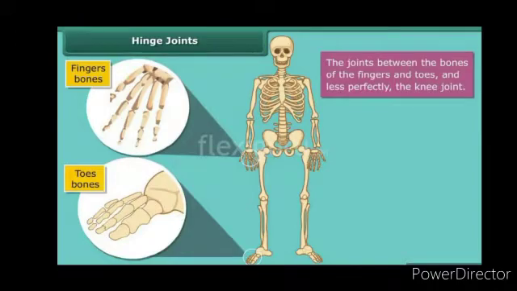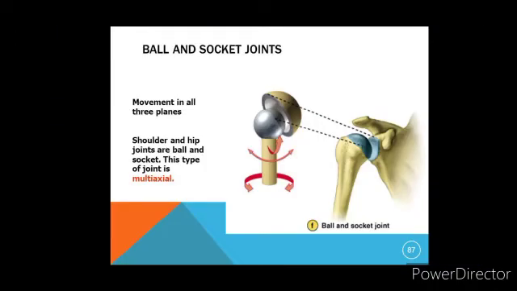Students, the next type of joint is the ball and socket joint. Take a ball, swing your arm and throw the ball. In how many directions did you move your arm? The shoulder joint allows us to move our arm in all directions. This is because of the structure of the shoulder joint.